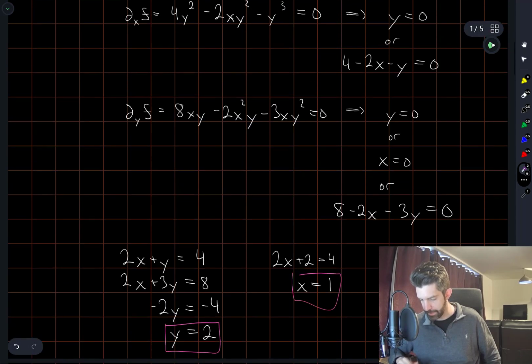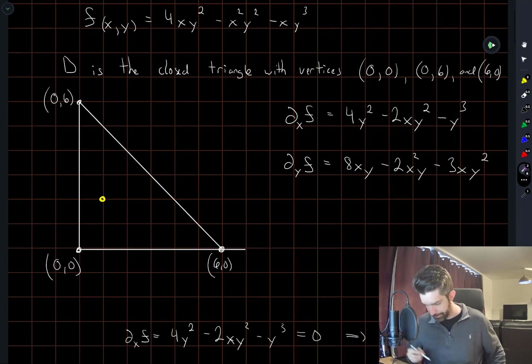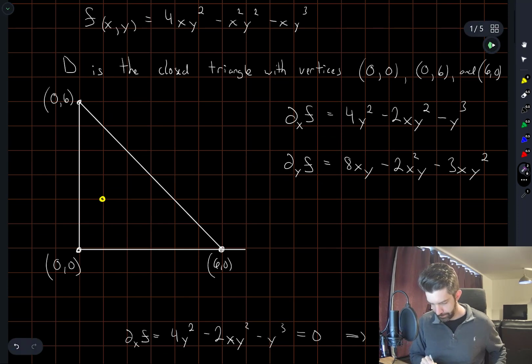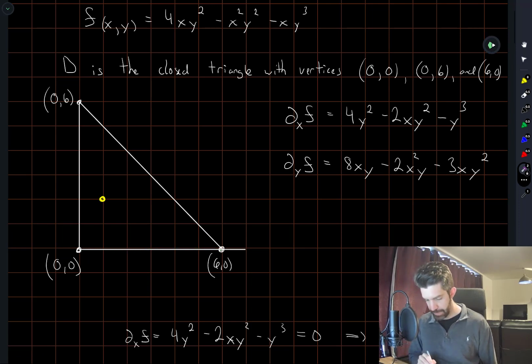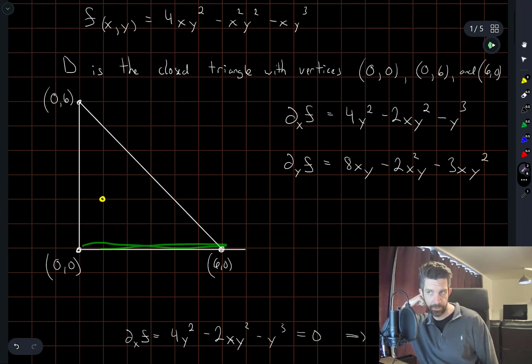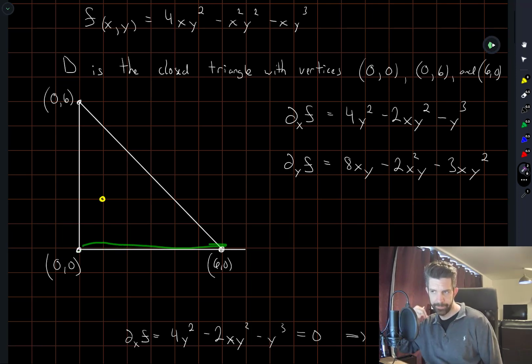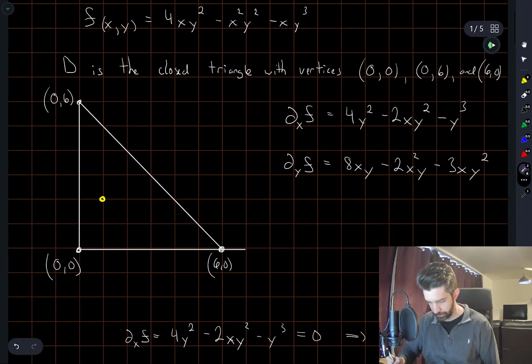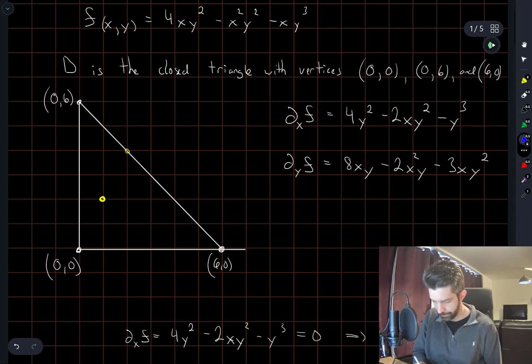If we go back to our little diagram here, the gradient was equal to 0 along here. So that kind of means every point along the horizontal axis here is a candidate for an optimum. But this point, and also, I suppose, the other point that we picked out, is that one. So this is (2, 4), and this is (1, 2).